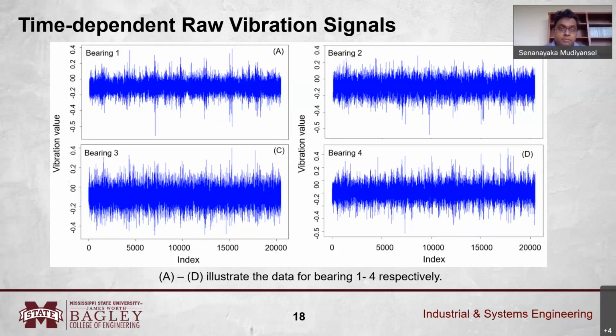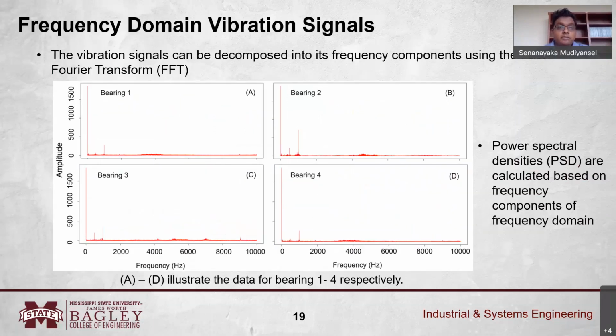Here we see the frequency domain data. What we have done here is that any time-dependent vibration signal can be decomposed into frequency components. With these frequency components, unwanted information can be reduced and important information can be retained by using this frequency domain data.